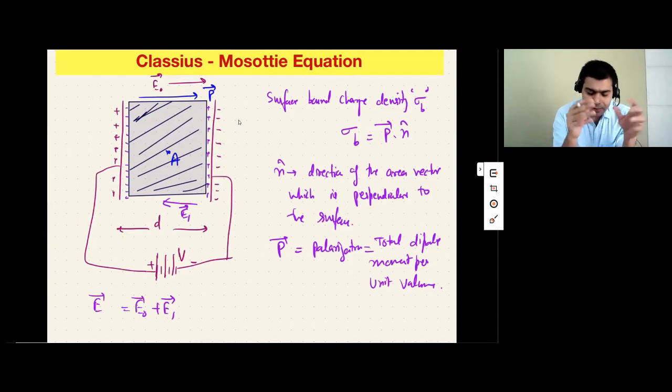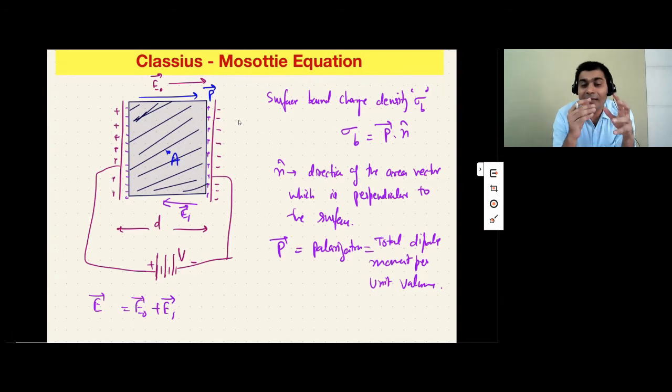If you take the neighborhood of the reference atom A, there are lots of other electric dipoles present due to the polarization process of the dielectric. So A is under the influence of several other electric dipoles nearby. So the electric field at A is not merely the sum of E0 and E1.